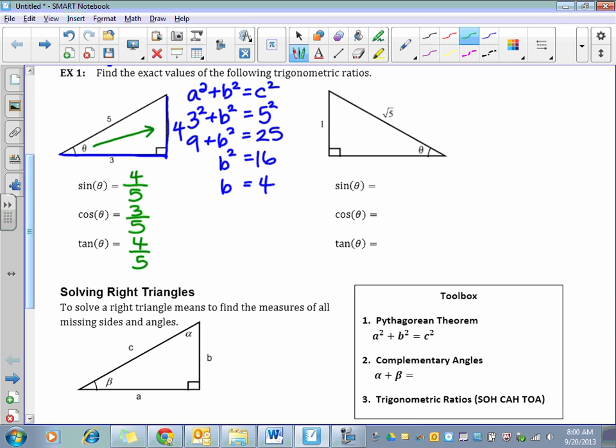So go ahead and try the triangle to the right. And again, you're going to have to solve for the missing side length. You can pause the video now so that you can have some time to solve and then replay.